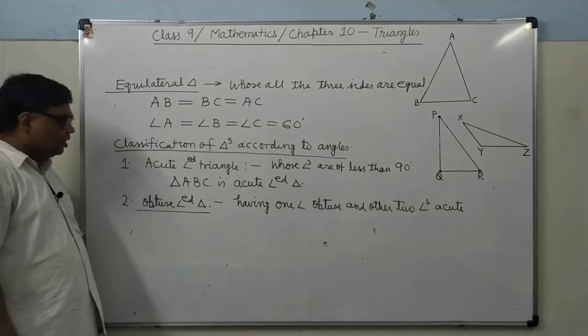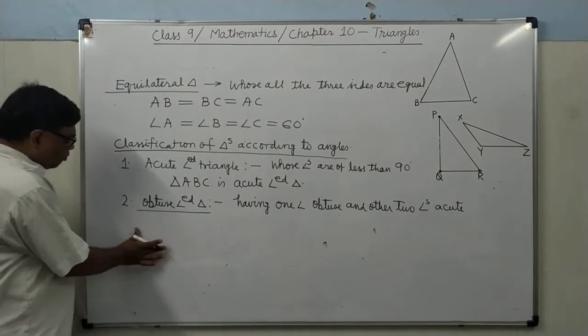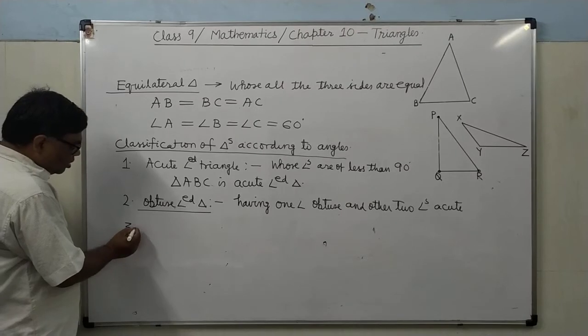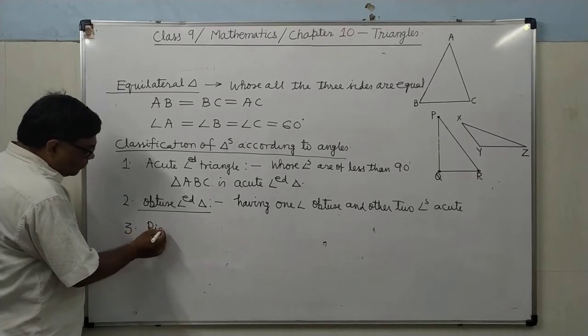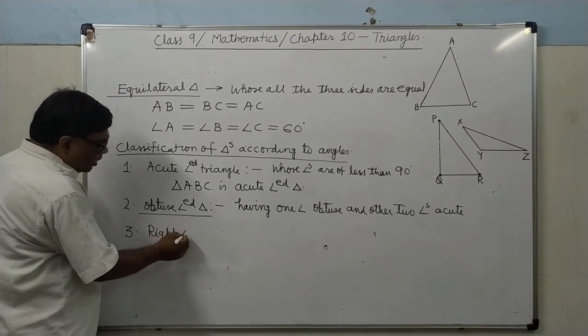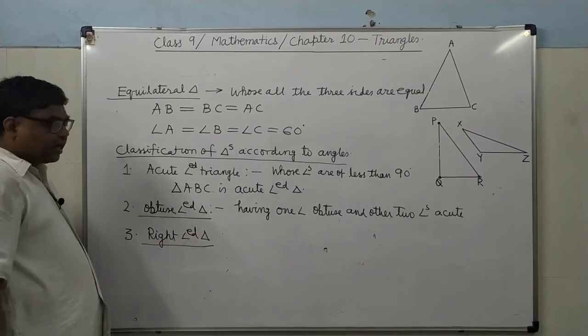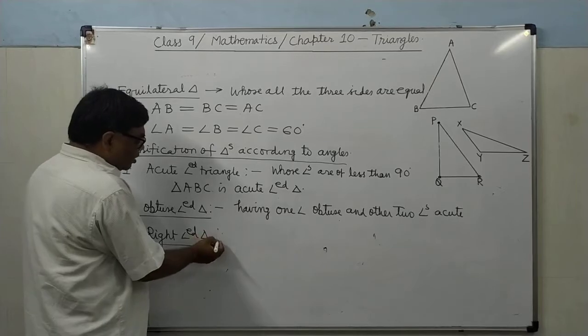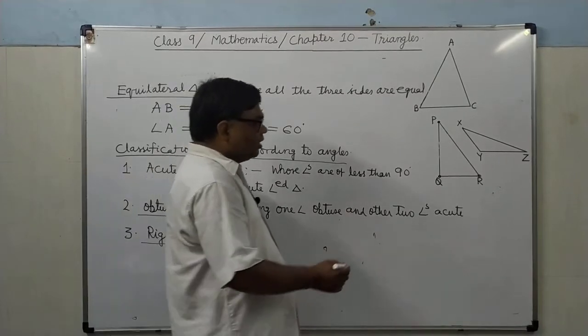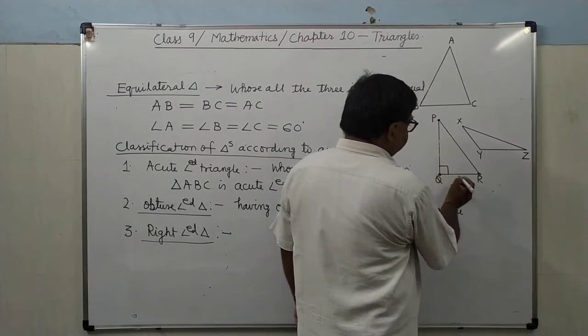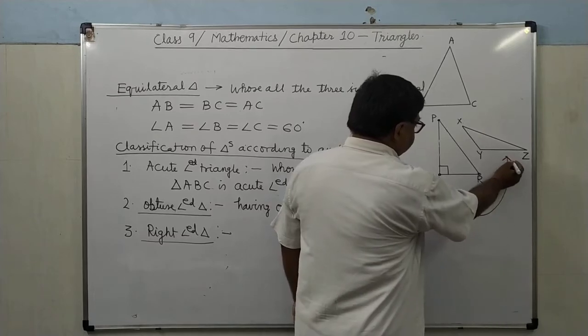It's clear. Then there is one more, third, right angle triangle. What is right angle triangle? Right angle means one angle is of 90 degrees. Here this is the right angle triangle.